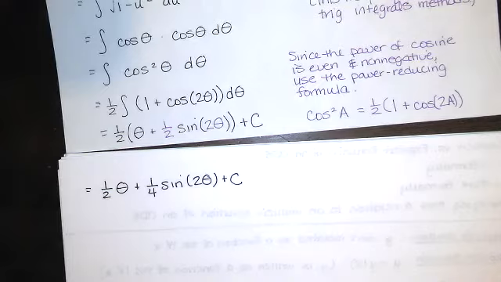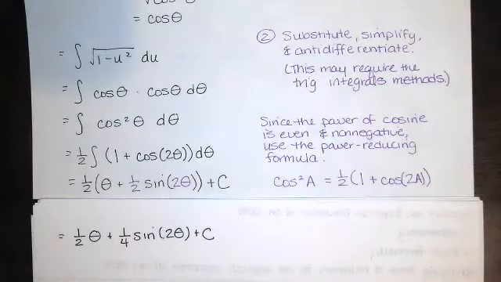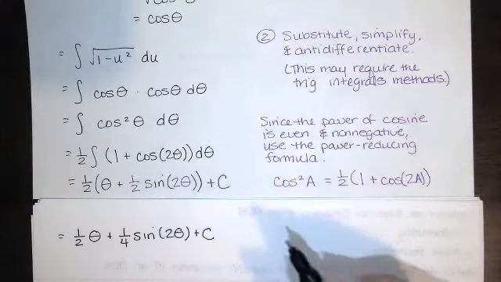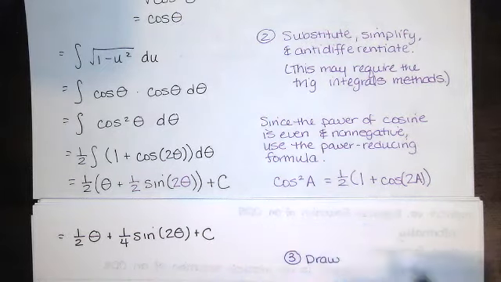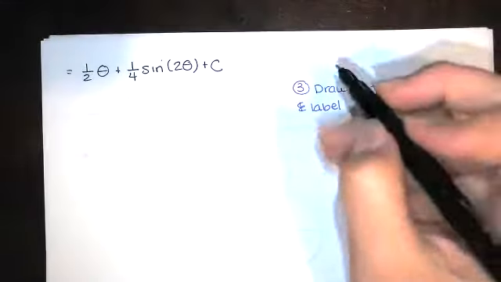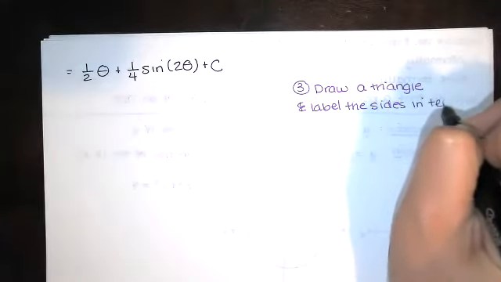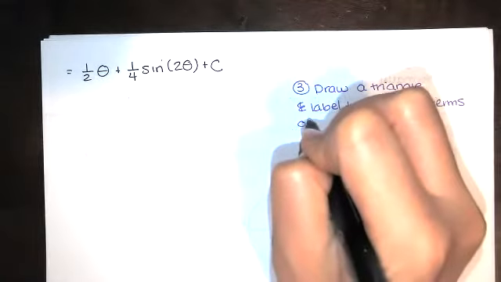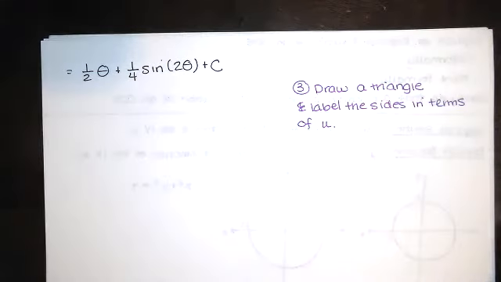Okay, so we prepared to substitute. We substituted, simplified, and we antidifferentiated. And now we want to draw a triangle. And we're going to label the sides of that triangle in terms of the original variable, in this case, it was u for the trigonometric substitution that we're doing as part of this problem.